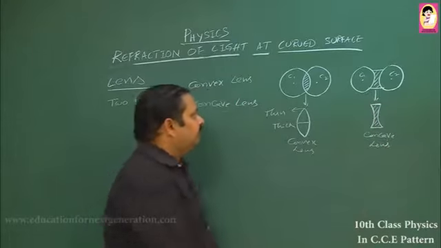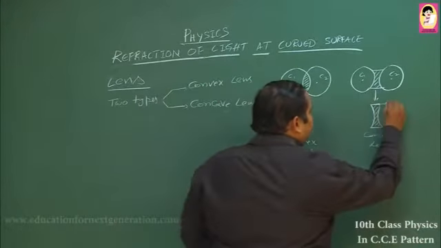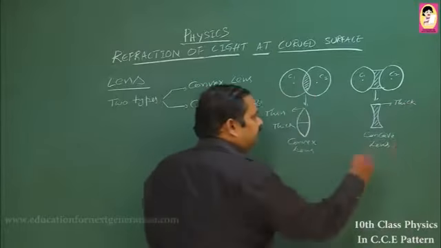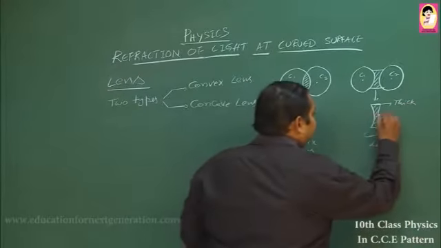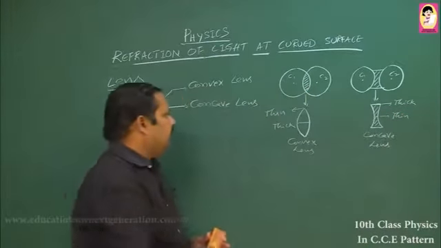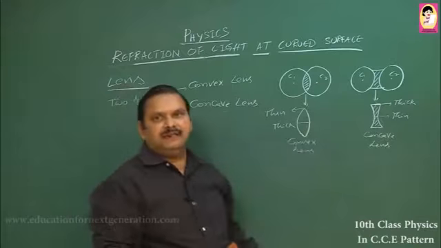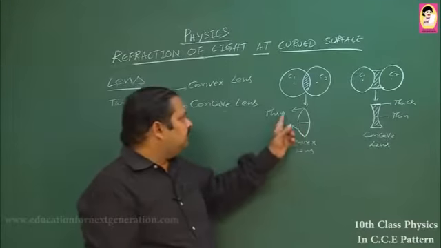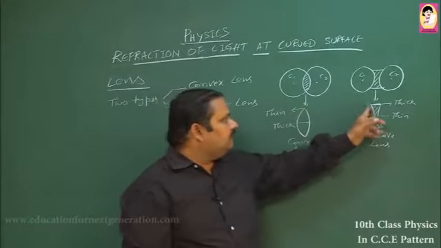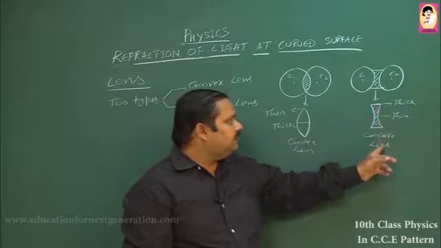So, a concave lens is thick at the edges and thin at its middle, quite the reverse of the convex lens. Convex lens is thin at the edges, thick at the middle. Concave is thick at the edges and thin at the middle.